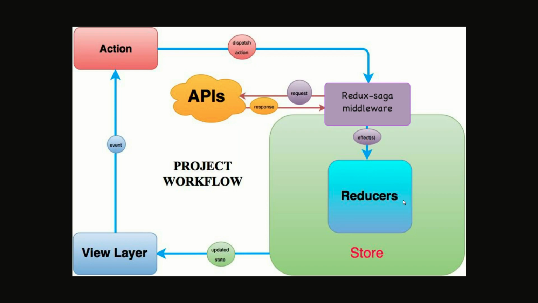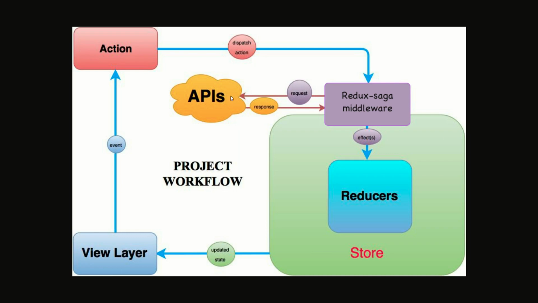After the calculation, it stores the new or updated value in the store, and that value can then be accessed in our view layer, for example in our front end. So this was the normal flow of Redux.